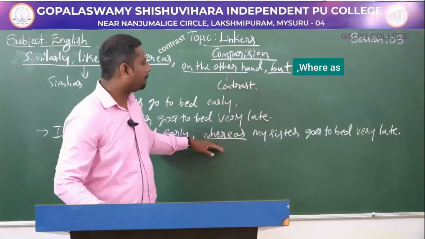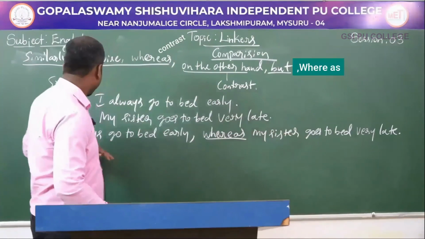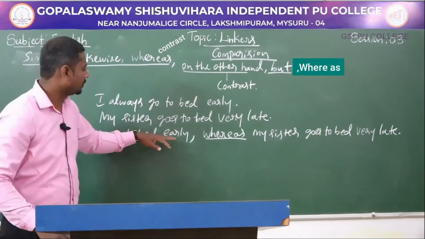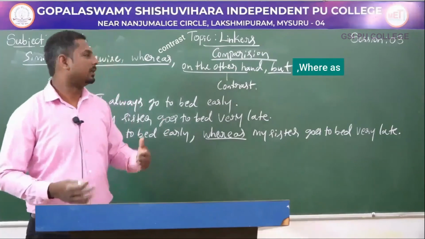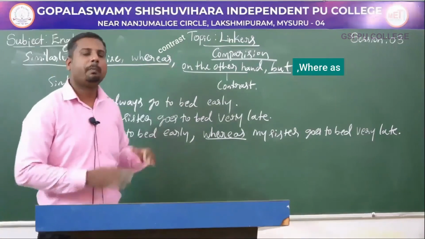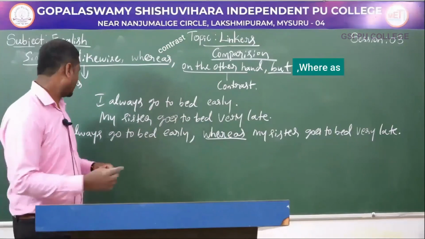So here it compares the second idea with the first idea, that is I always go to bed early. Similarly, we can use the phrase to make comparison between these two contrast ideas.